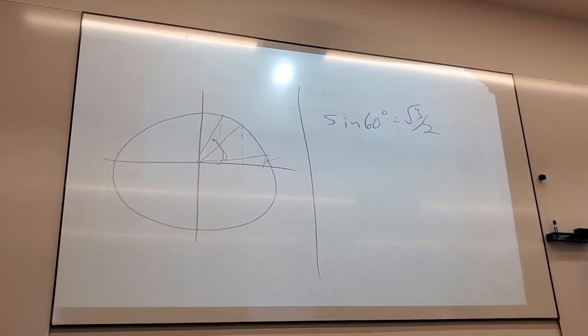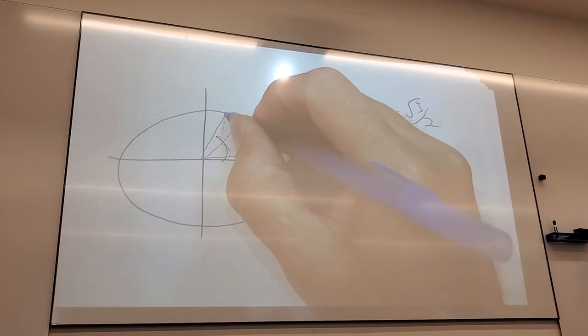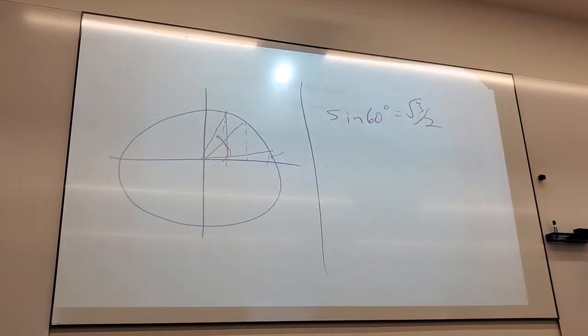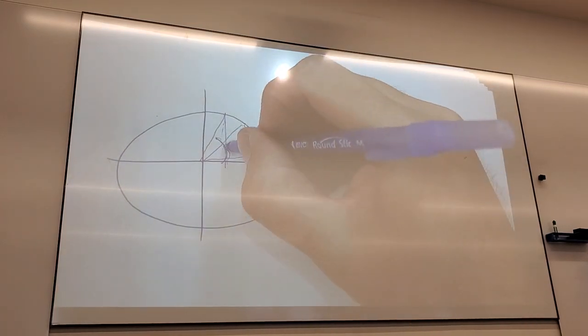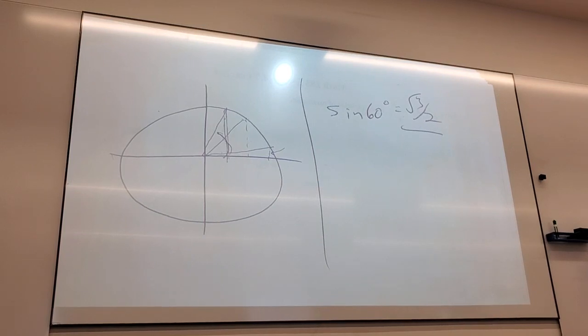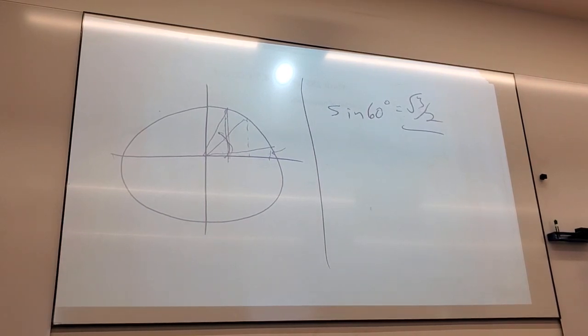I don't know if my language gets confusing sometimes. I say sine likes y just because it's a quick phrase to remember when sine is what. And the reason I say sine likes y is because sine is defined to be the y side divided by the hypotenuse. So if the y side is getting bigger, the sine is getting bigger. So sine goes like y. Sine likes y.